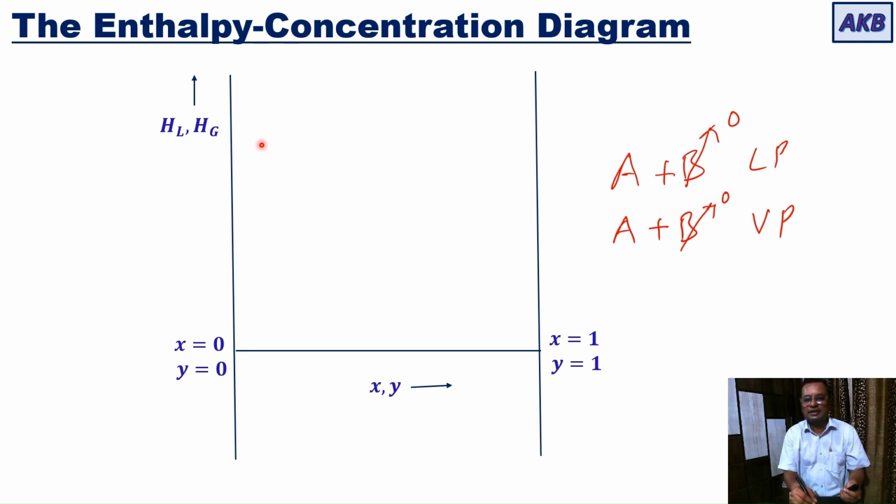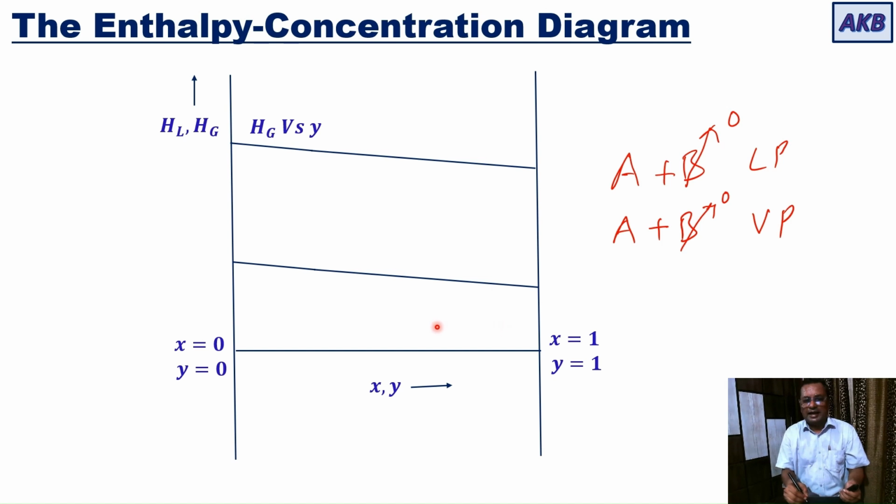Whereas you get a lower curve if you plot enthalpies of liquid versus X. And the difference between these two curves at the end, where X is equal to 0 and Y is equal to 0, representing pure B, gives the molar latent heat of vaporization of pure B. Similarly, at the other end, since it represents pure A, the distance between the two curves gives you the molar latent heat of vaporization of pure A.